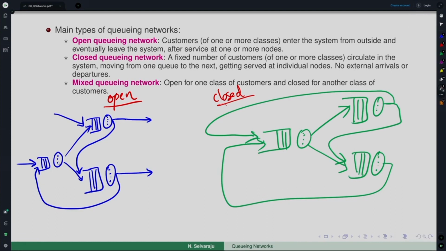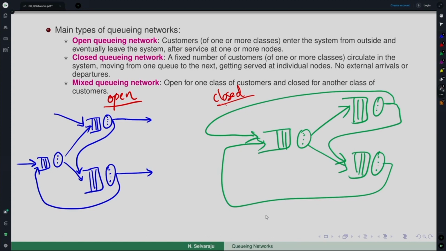Now, this kind of thing depends on what happens, like how different classes are treated and so on. One can have more complexity involved, but this is the basic structure. What open and closed simply mean is that in an open network customers can come from outside and go out of the system.